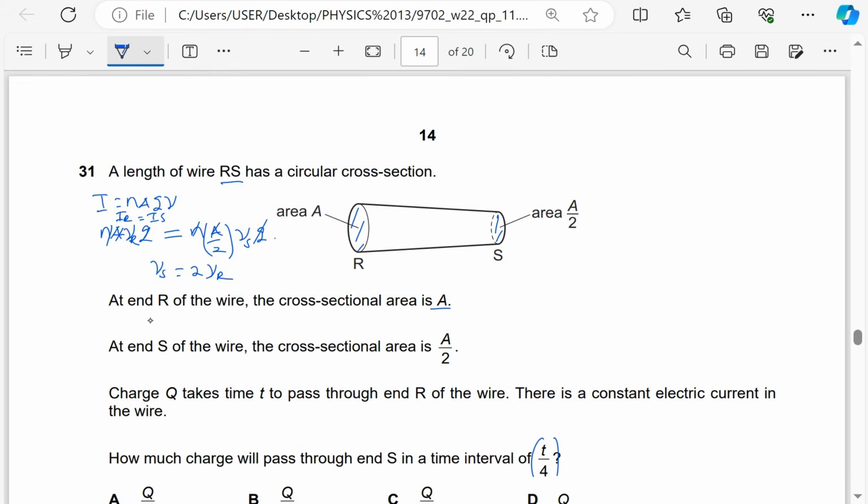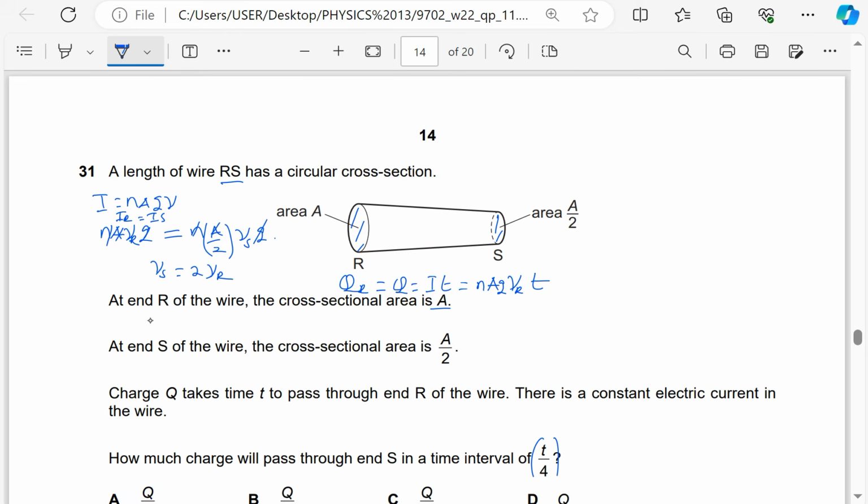Total charge on this side, Q on R, is going to be I times the time t. Let it be capital Q, and it's going to be I times t, where the current is N A q VR, times t.